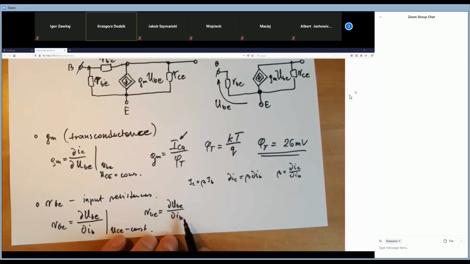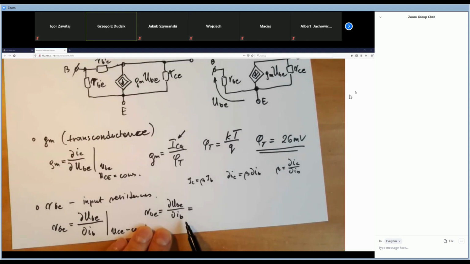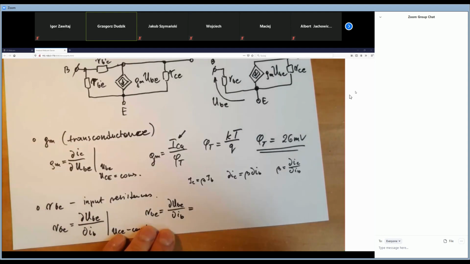Let's play a game at this moment. We've got UBE over IB, and let's try to add something to this formula, but so that we don't change it, to find the RBE.